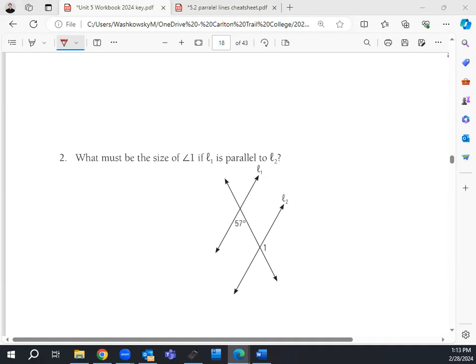So again, think if there's any of those letters you can find. Think about if there's any supplementary angles or straight lines.